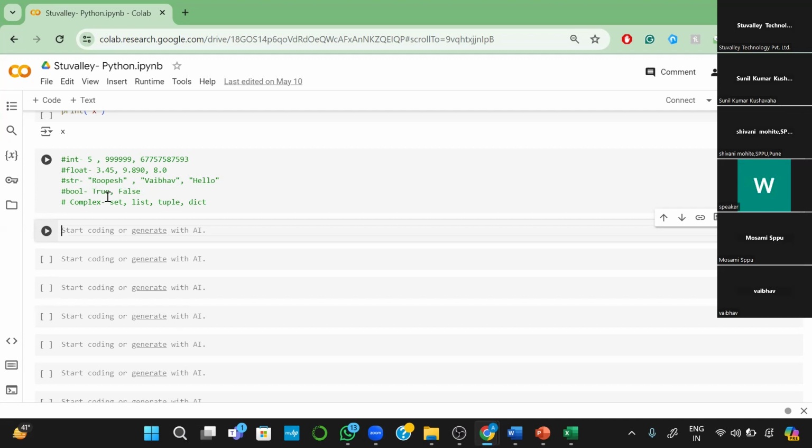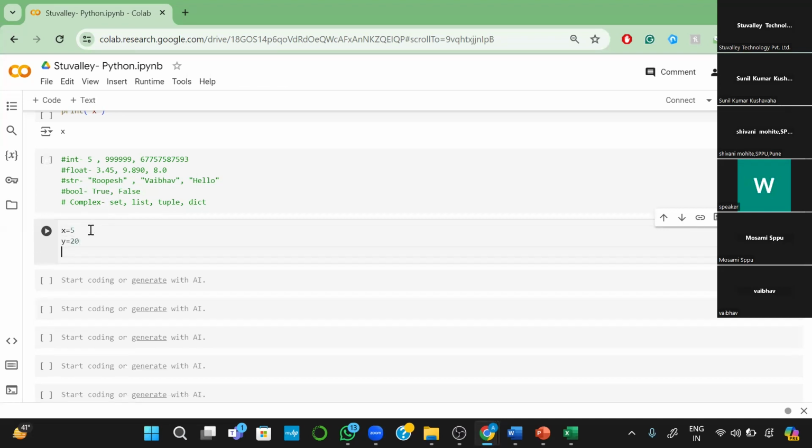And then we'll talk about numbers, or maybe we can go for operators now. There are different types of operators that we see, once you have got the data types and the variables. Now let's say you want to add x and y.